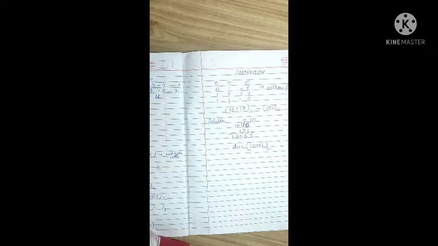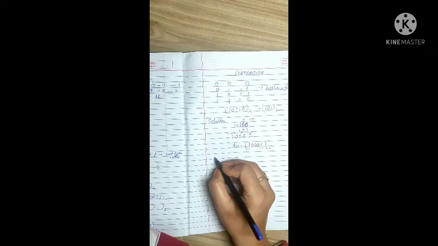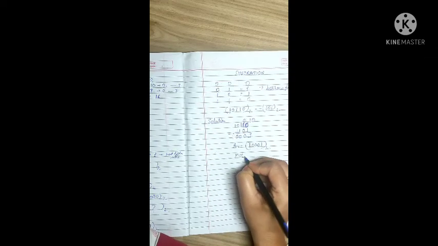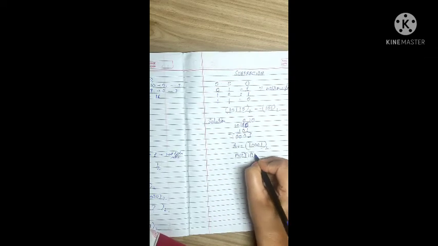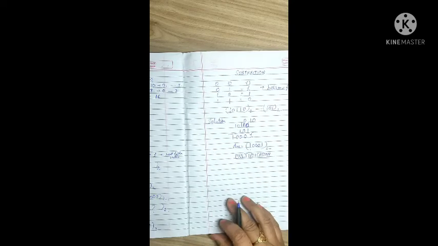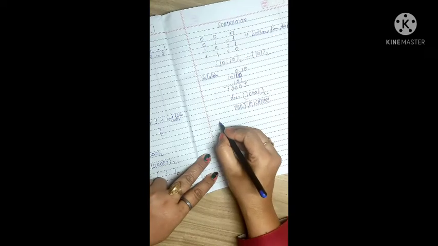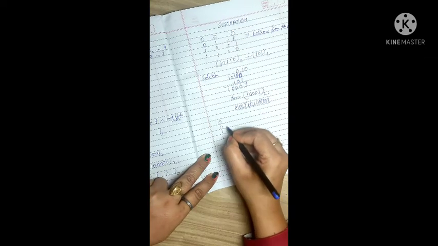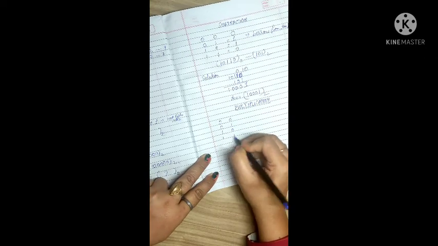For that again we'll make the table. Now it's multiplication. For that again make that table: 0, 1, 1, 0, 1, 0, 1.